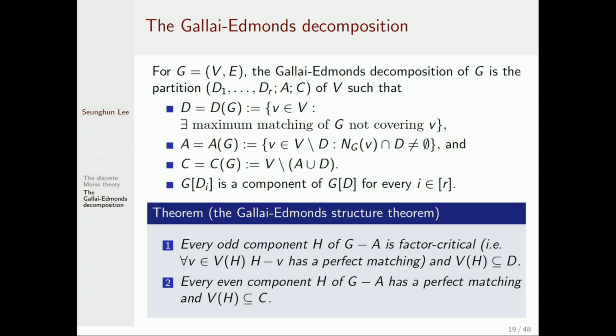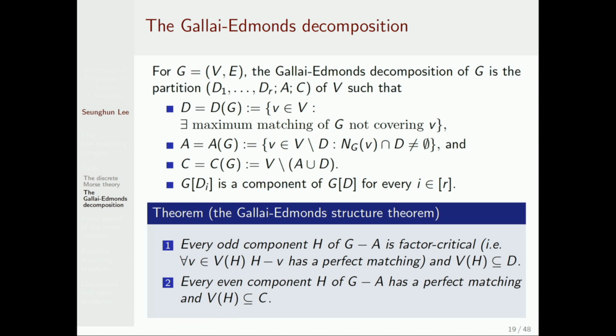The D part consists of all the vertices for which there is a maximum matching of G not covering the vertex. A is just the neighborhood of D, and C is the complement of A union D in V. And G_Di is a component of G_D for every i.